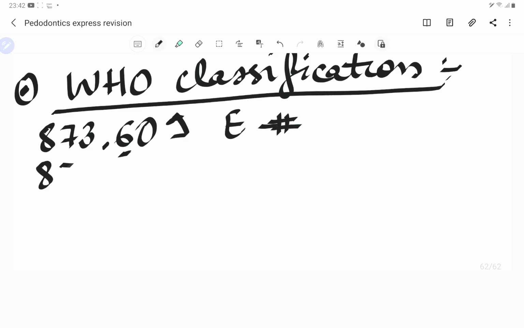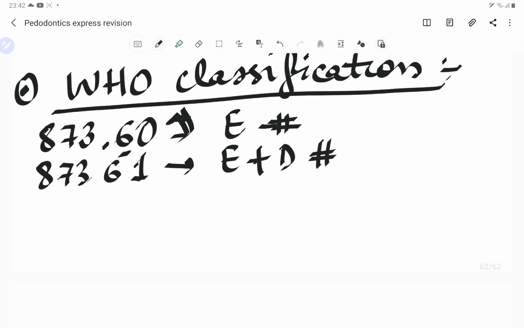Then 873.61, we have got the fracture of the dentine. So that is enamel plus dentine fracture. Then, guys, there is 873.62. That becomes enamel plus dentine plus pulp.